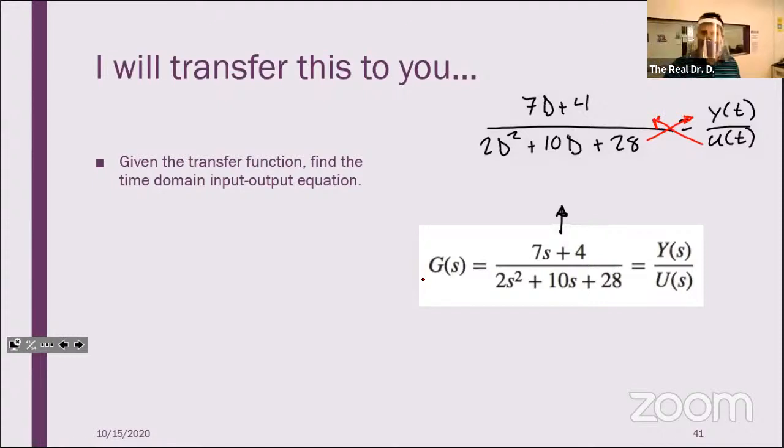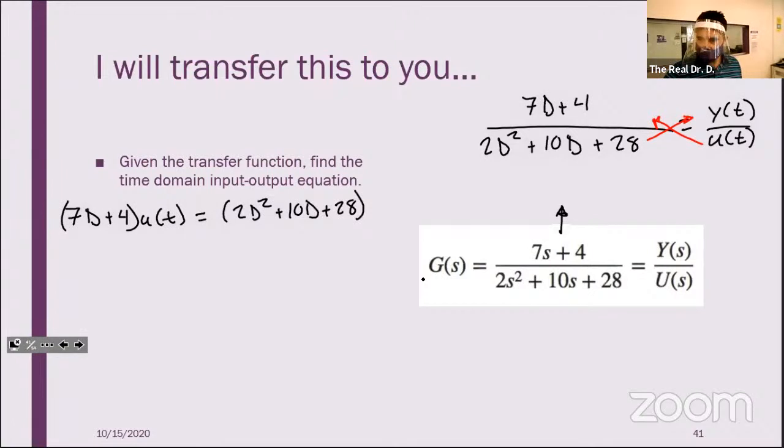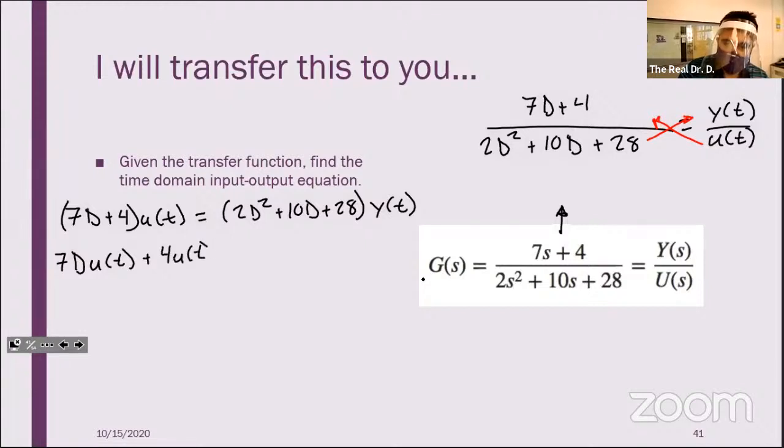I'll end up with (7D plus 4) times u of t is equal to (2D squared plus 10D plus 28) times y of t. And it's 7D u of t plus 4 u of t is equal to 2D squared y plus 10D y plus 28y.